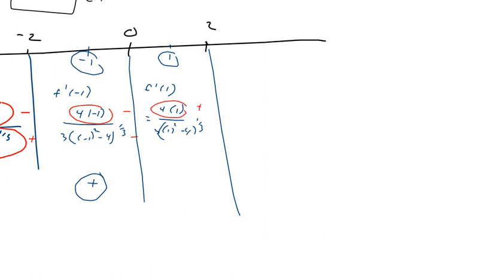I pick a 10. F prime of 10 is going to be 4 times 10 over 3 times 10 squared minus 4 to the 1/3. That's going to be a positive up here, positive up here. 10 squared minus 4, that's again positive there. So I have positive here.